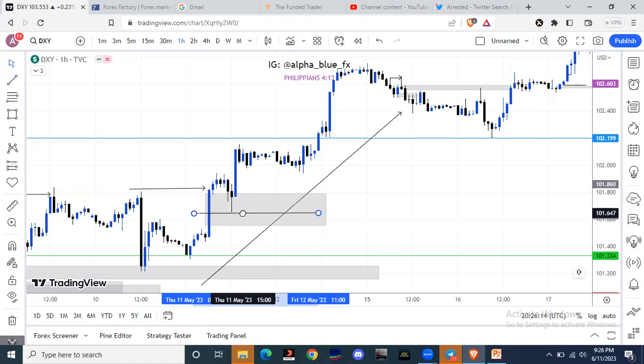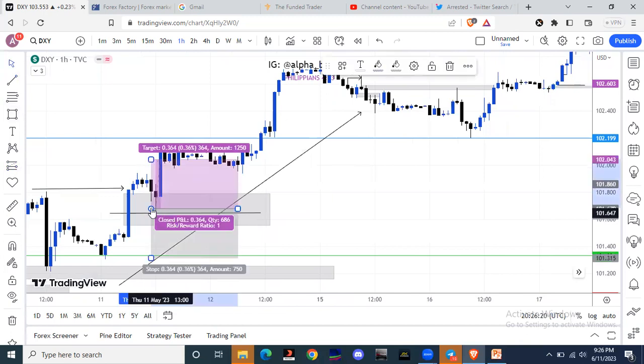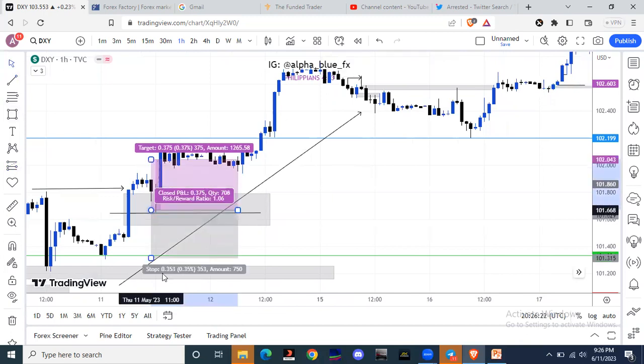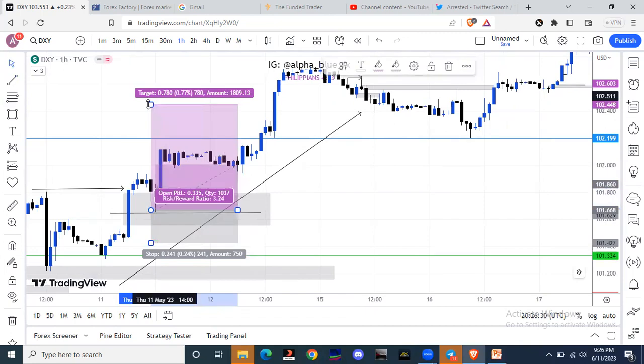Let's assume that this is the middle. So you're going to be looking to take your trade around this level. You can place your trade here, put your stop loss at least at the next candle, and target above, in this case.